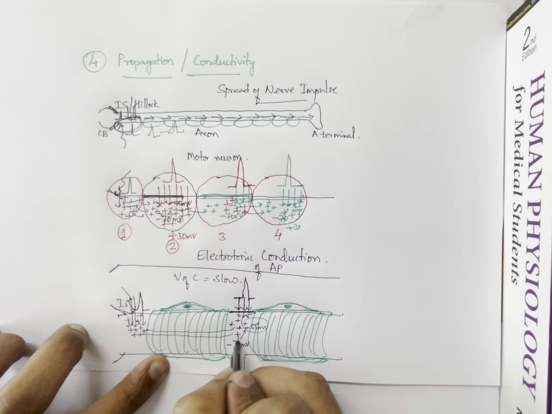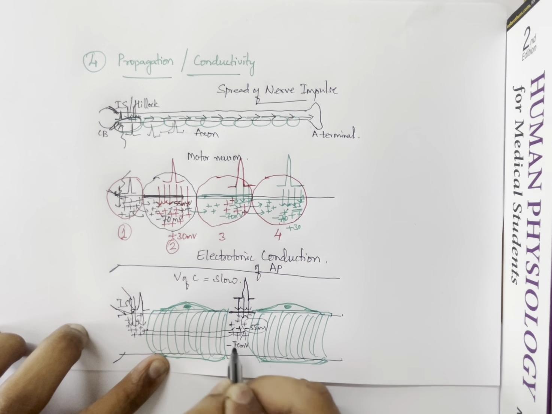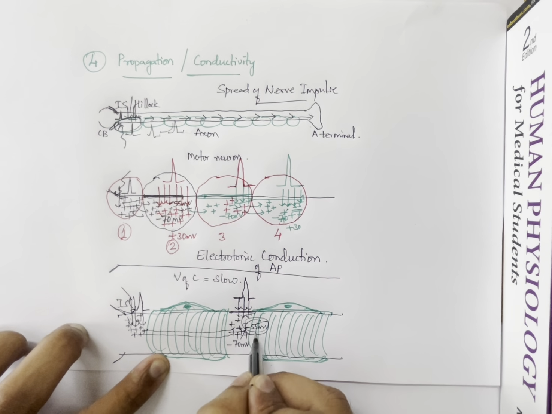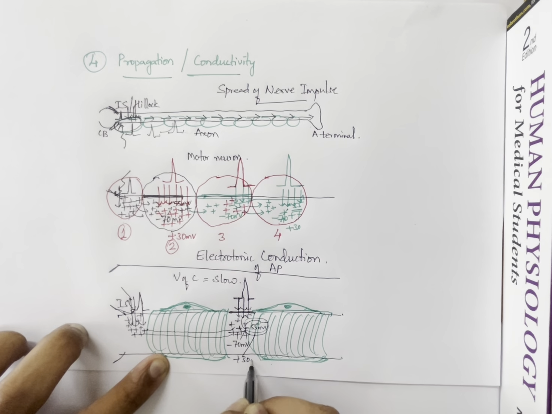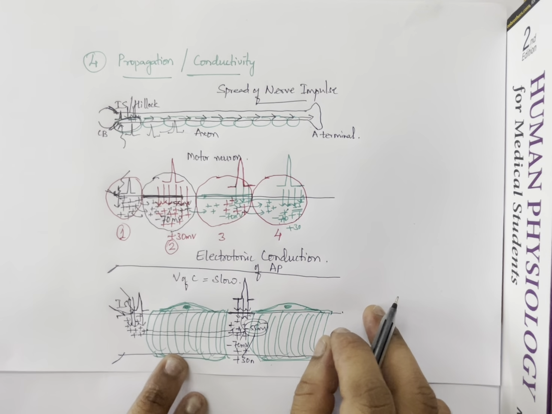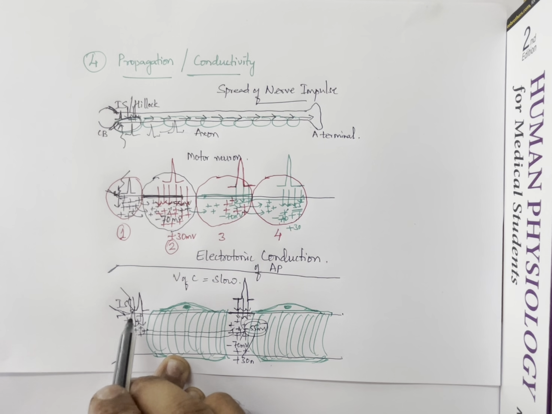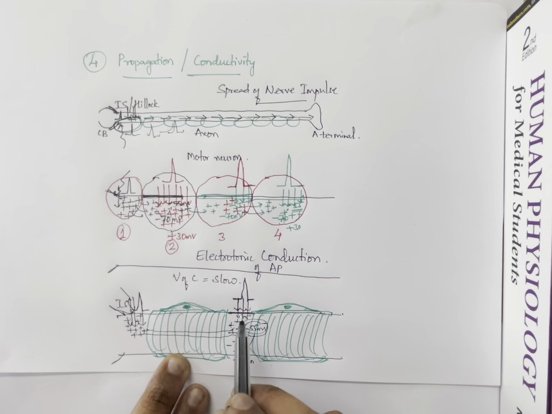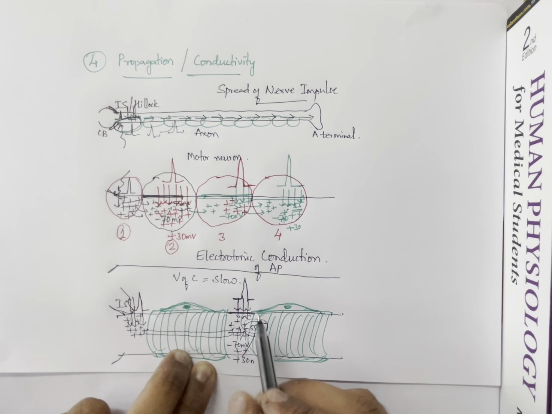That will result in more and more positivity inside the cell. From minus 55 it will go up to plus 30 millivolt. So the action potential here is jumping from one node of Ranvier to the next node of Ranvier. It is not electrotonic spread, but it is a jumping action potential.